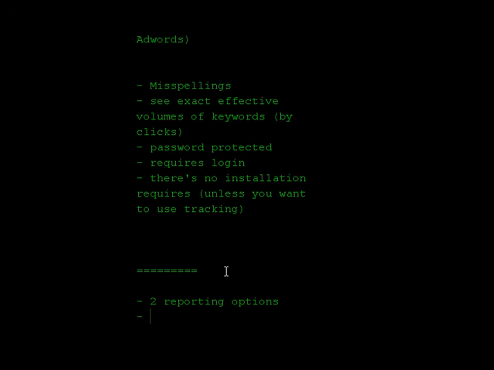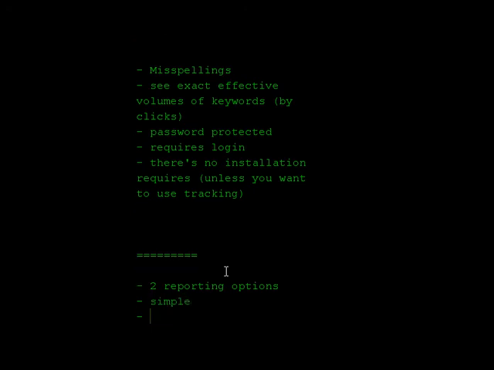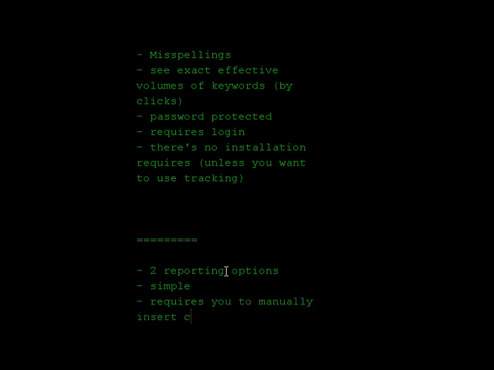It's simple. Some features that you obviously wouldn't know about at the moment until you'd used the product. It requires you to manually insert campaign names, and that's because of some technical aspects of the way that Google AdWords works.